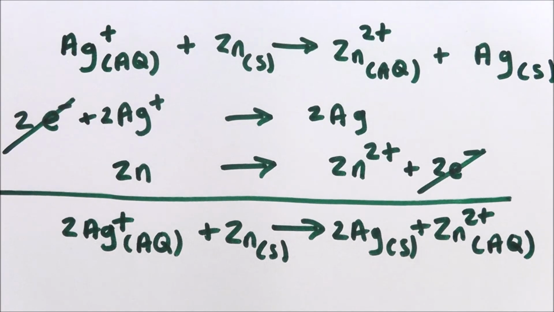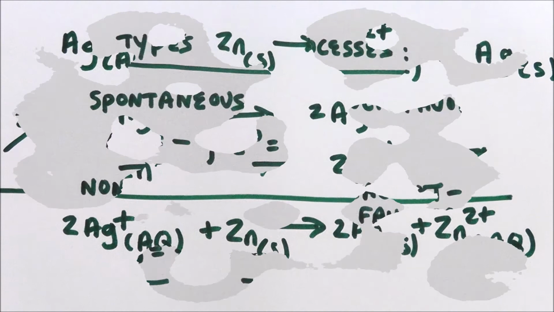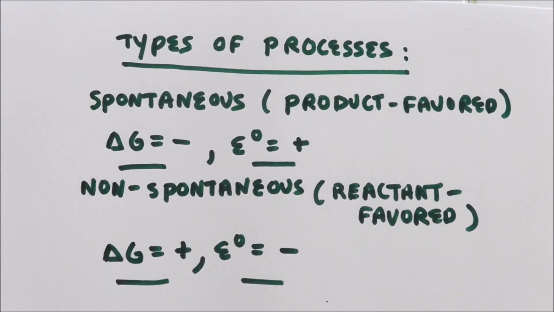Now, let's talk about whether it's going to happen or not next. That's the big deal, to predict which electrochemical reactions will actually occur and which won't. Okay, so I want you to remember that last reaction with the silver reducing and the zinc oxidizing.